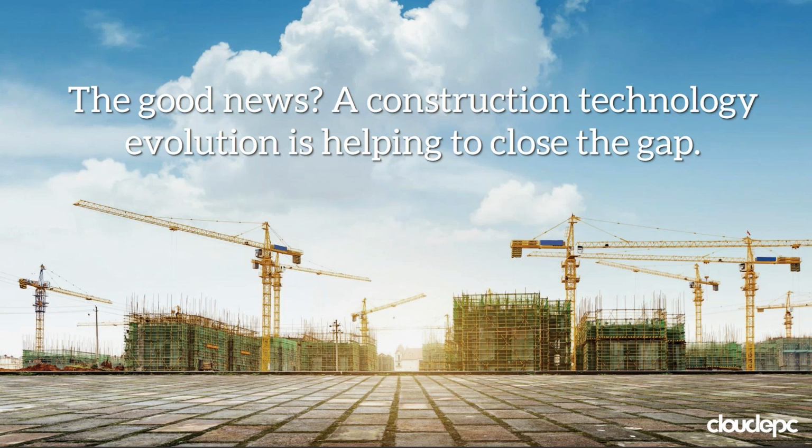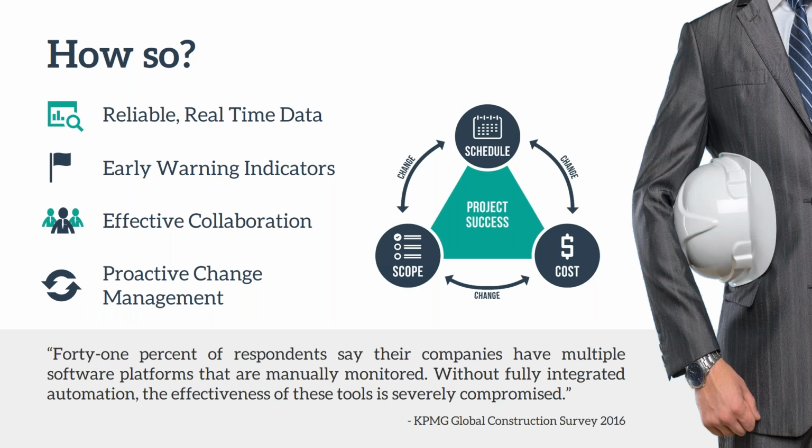Construction technology is helping to resolve all of these issues. How is it doing so? By providing standardized tools to first give managers the ability to trust their data. Project data has to be reliable and in real time, so no more late or error-prone reports. Second, technology is allowing organizations to make use of their data through analytics, focusing on leading and not lagging indicators.